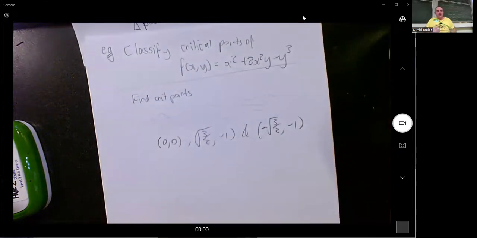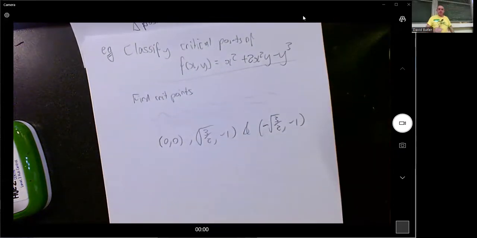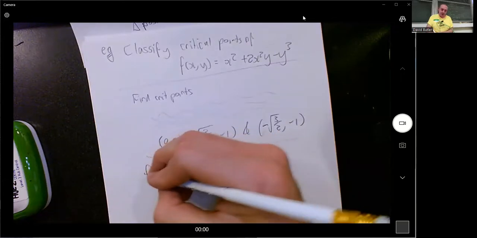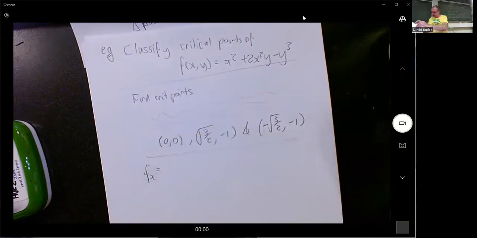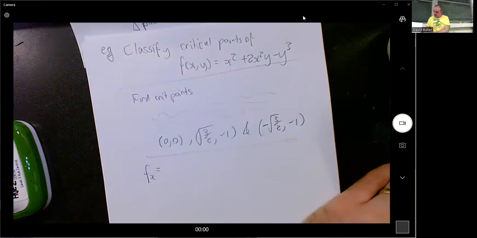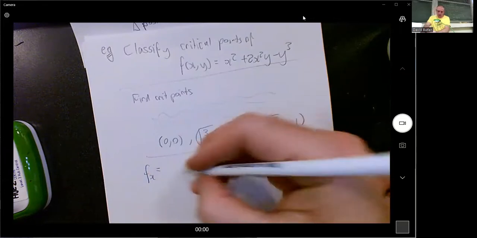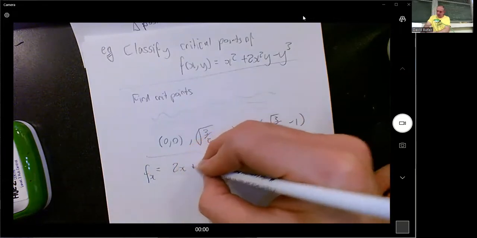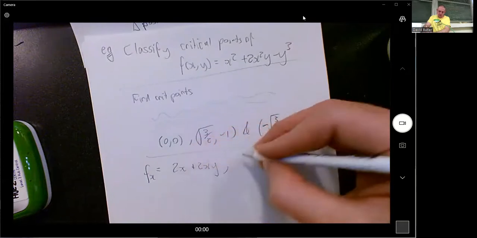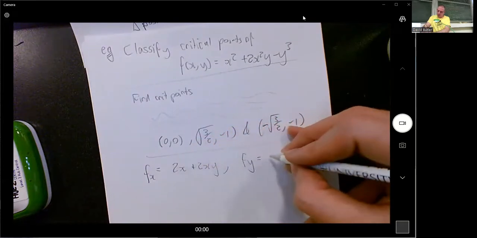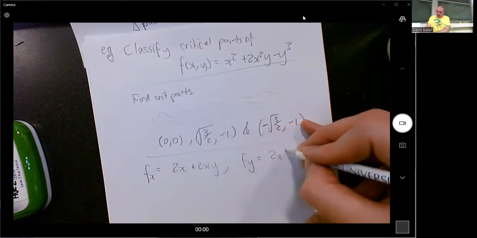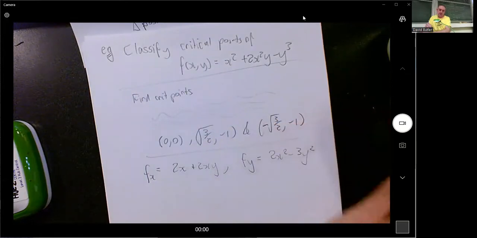And then we'll also have to find the second derivatives. So we had that f sub x was 2x plus 2xy, and f sub y was 2x squared minus 3y squared.